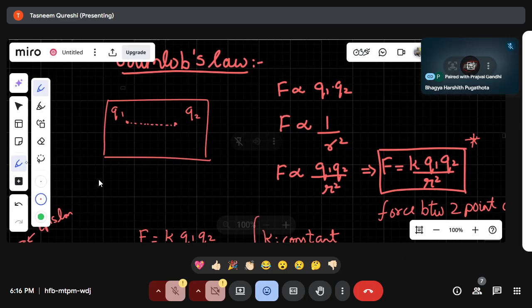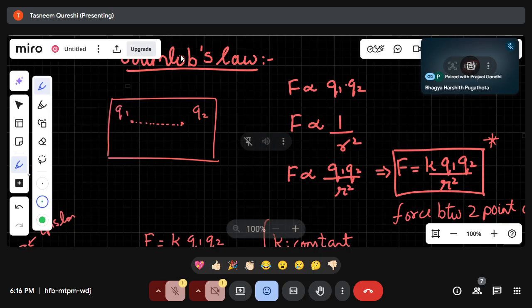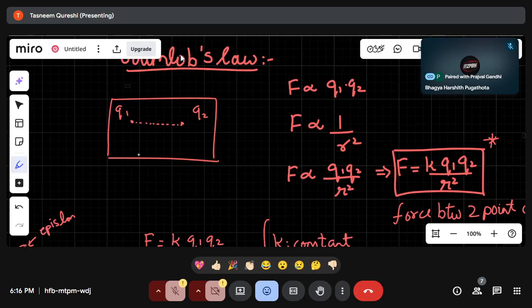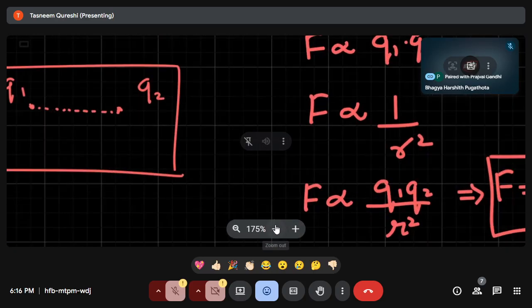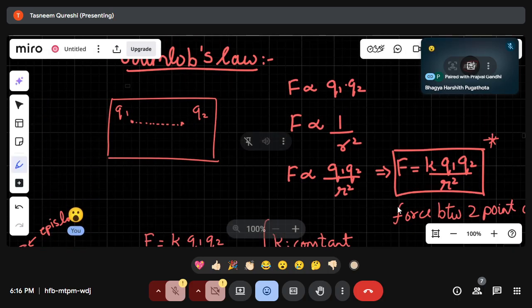Now, Q1 will attract or repel Q2 depending upon what their nature is. You might have studied in the previous classes. If they are unlike, they will attract each other, and if they are of the same nature, meaning they are like, positive positive or negative negative, then they will repel each other. Suppose one of them is positive and one of them is negative. So what will happen?